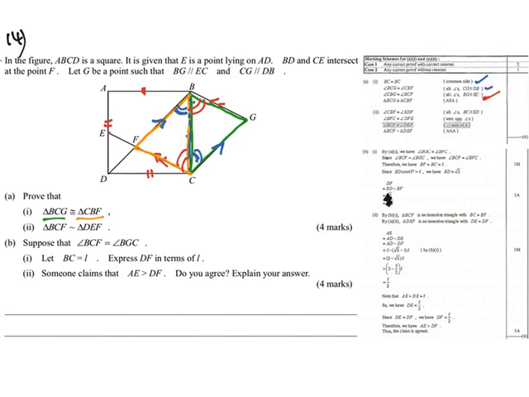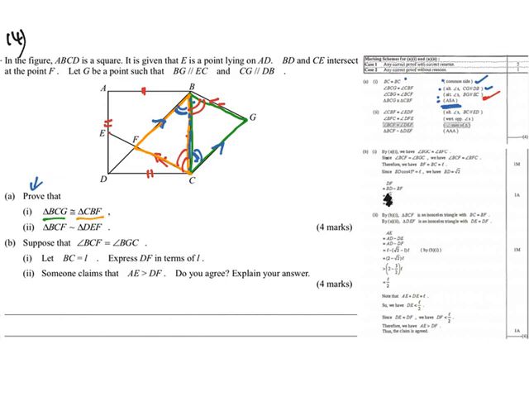So angle side angle, it is ASA, it is A1. Remember, for a proof question, you need to write down the reason. This is the reason.